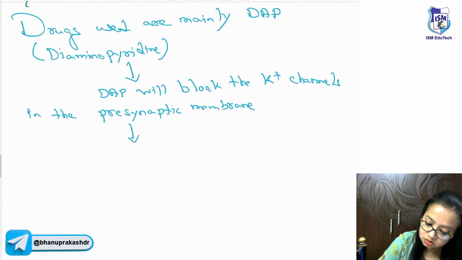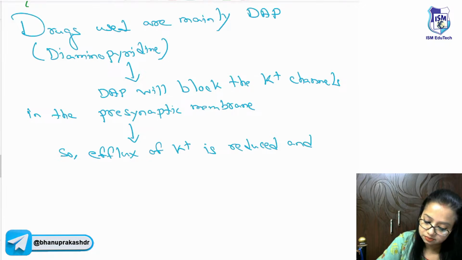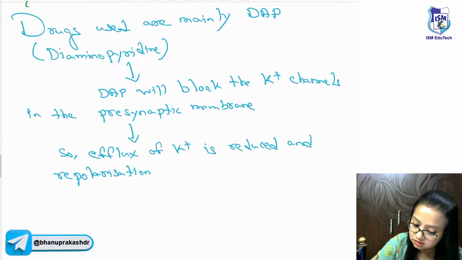So efflux of potassium is reduced and repolarization does not happen.